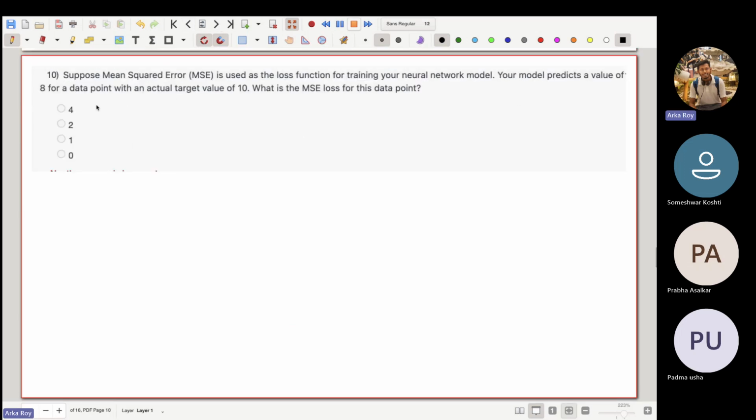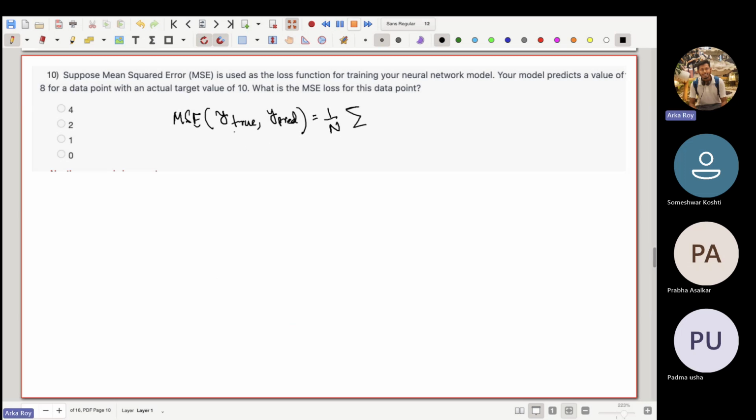So the last question states that suppose mean square error is used as a loss function. So MSE: let's say you have y true and y predict, because you will be calculating the error between the true value and the predicted value, which is predicted by the neural network architecture. So the mean is basically 1 upon n.